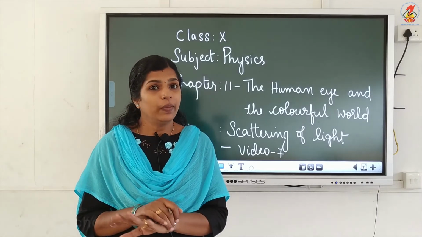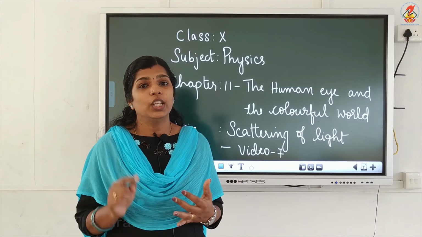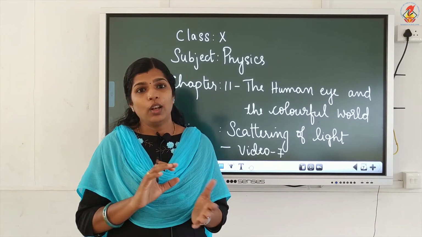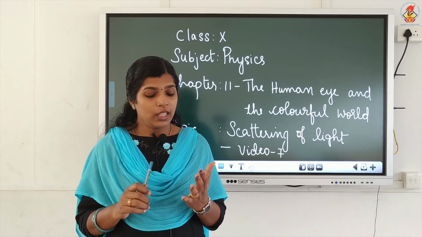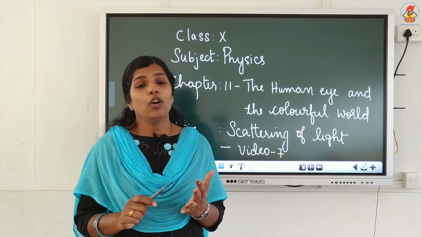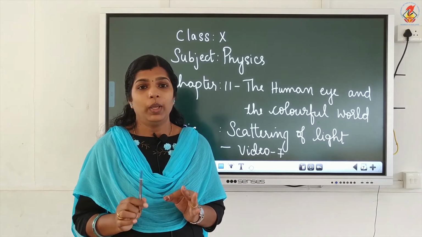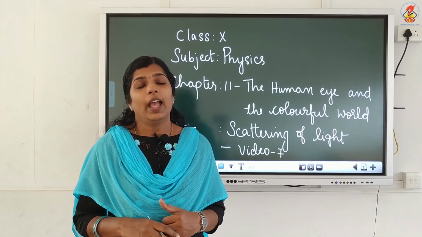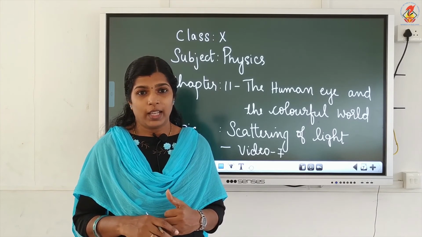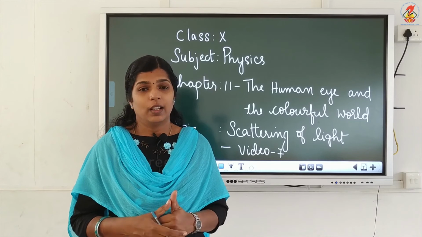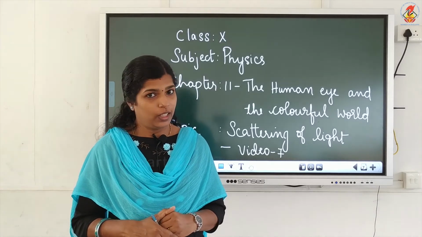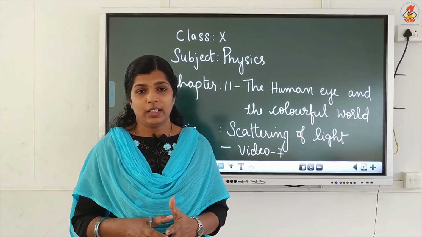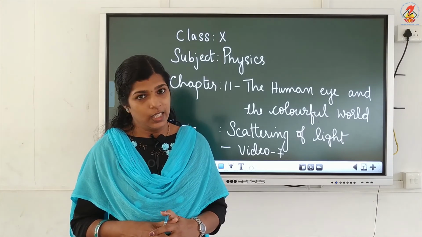So, the shorter wavelength portion, that is violet, indigo and blue, will be scattered away, and only the longer wavelength region, that is orange, yellow and red, will be left in the light from the sun, and that reaches our eyes, and we will see it as reddish orange color. Reddish orange color at the sun at the time of sunset and sunrise.